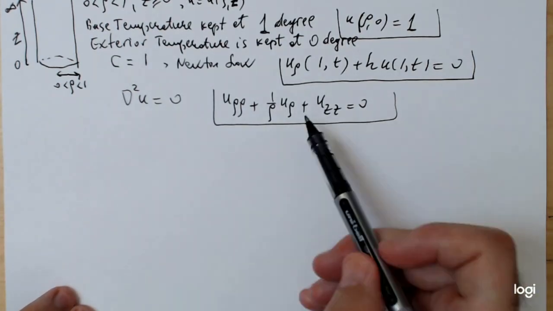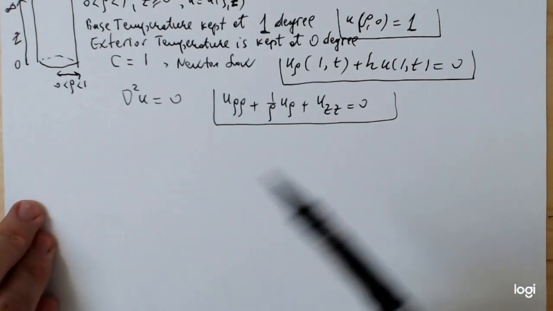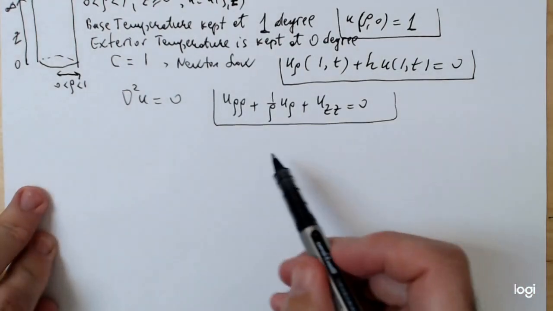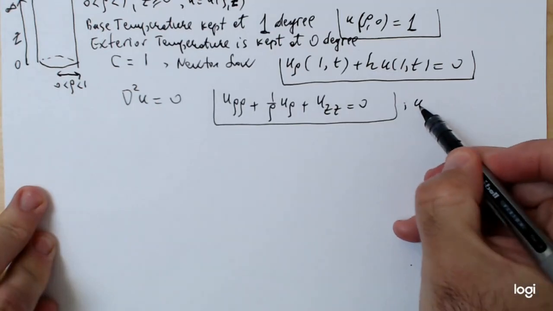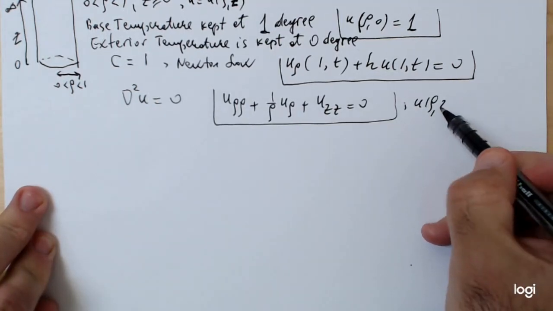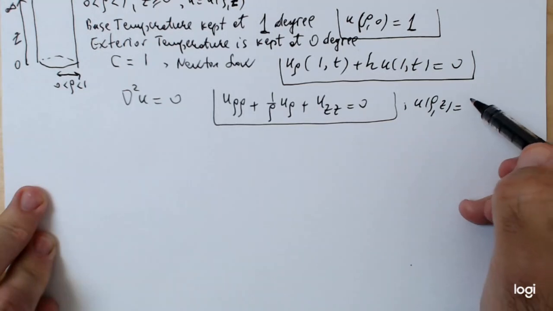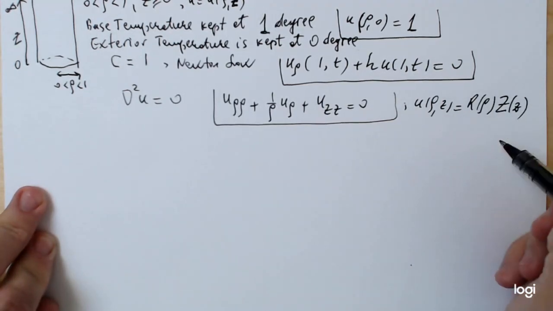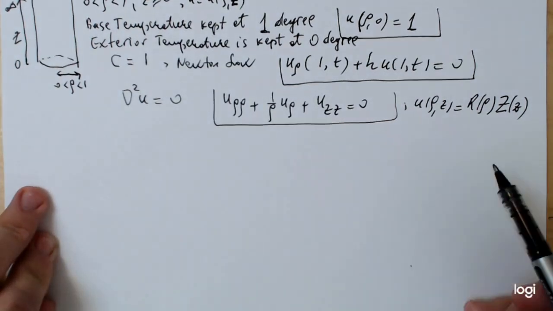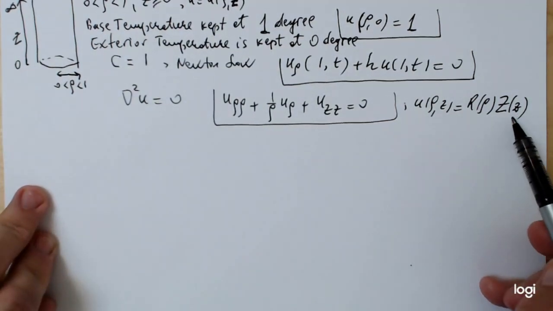Okay, so let's move on with the separation of variables. We're going to go over all the steps in the problem here. As with all separation of variables, we're going to assume that u of rho and z is a product of a function in rho and a function in z. Let's make suggestive notations: the portion in z, let's call it big Z of little z.